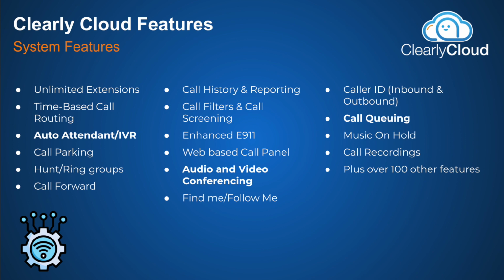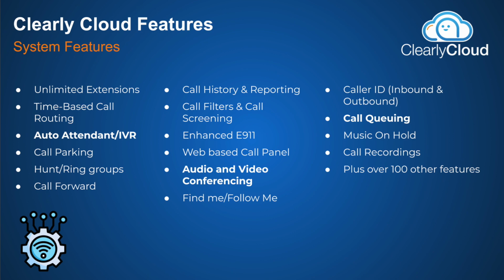What are the features that we have? Well, we have all the features you would expect in a modern business voice system. We're going to talk about easily configured auto attendants, IVRs, integrated audio and video conferencing, as well as call queuing. All these features come standard with a license.